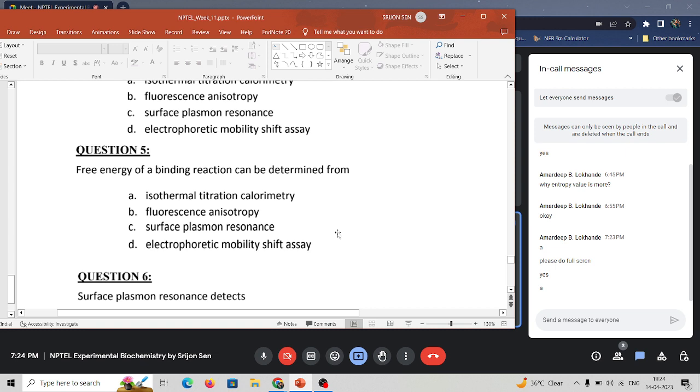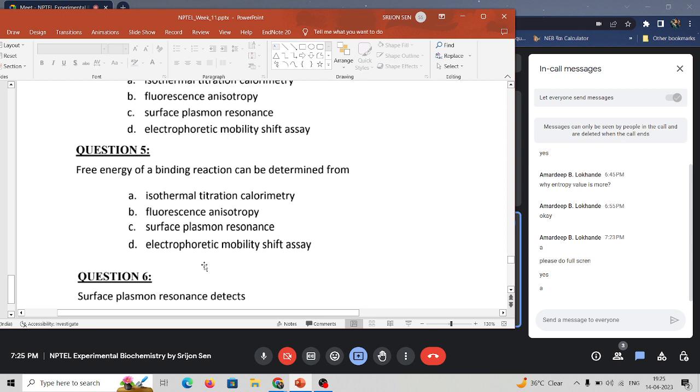So this is an MSQ question. If you look back to my slides, all of these techniques can be used to determine the free energy, be it fluorescence anisotropy. There are equations for it. You have the SPR, then you have EMSA, because from EMSA you can calculate the KD.